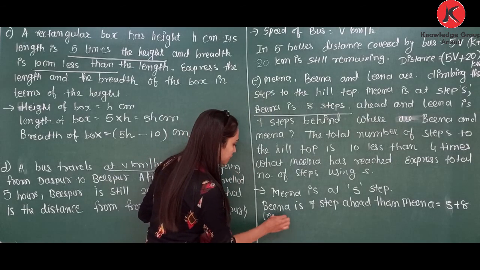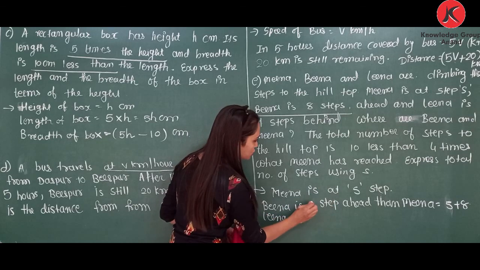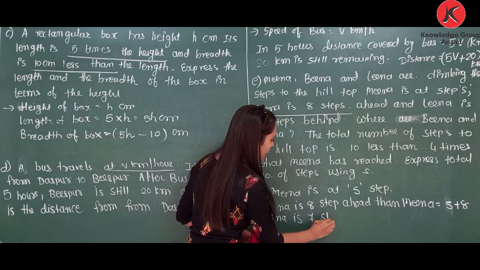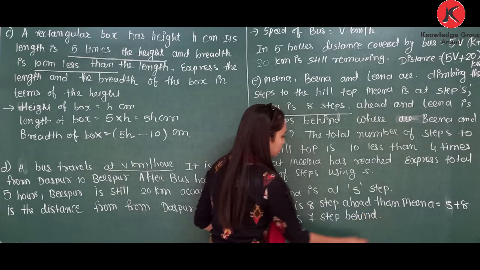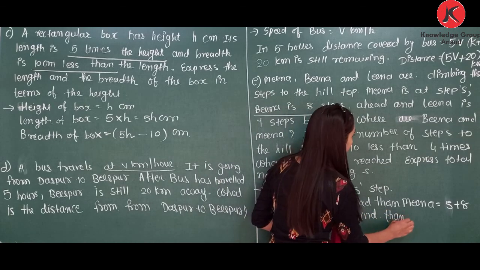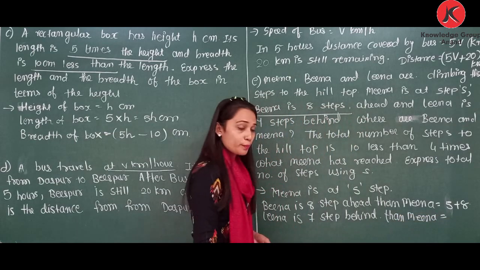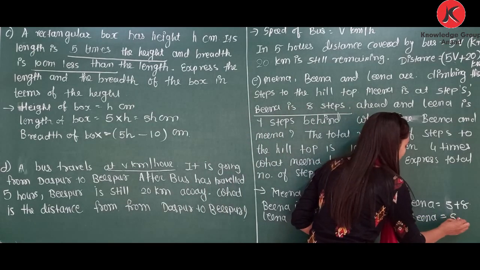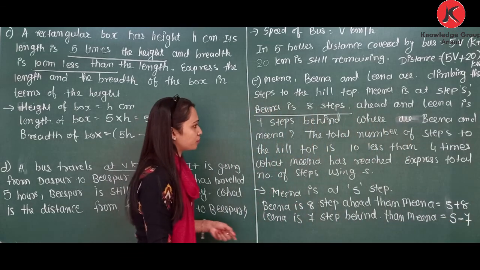Leena is 7 steps behind, so it is S minus 7.